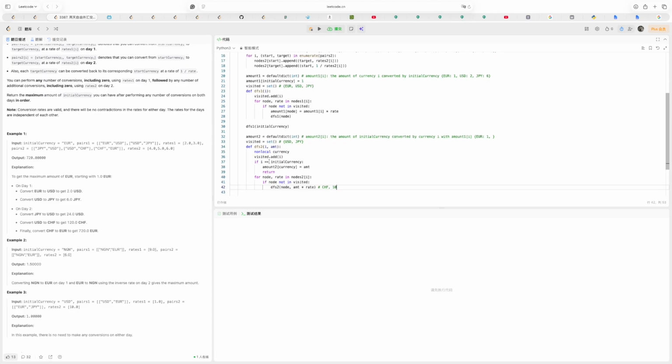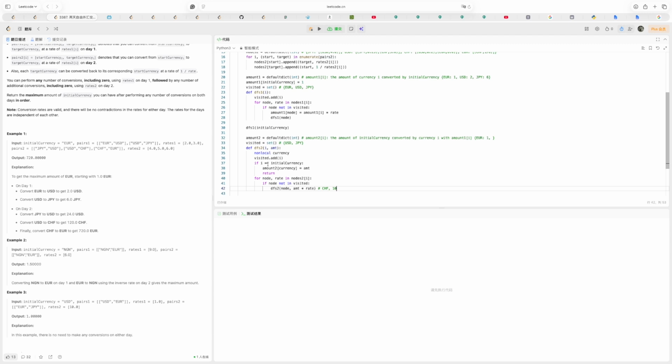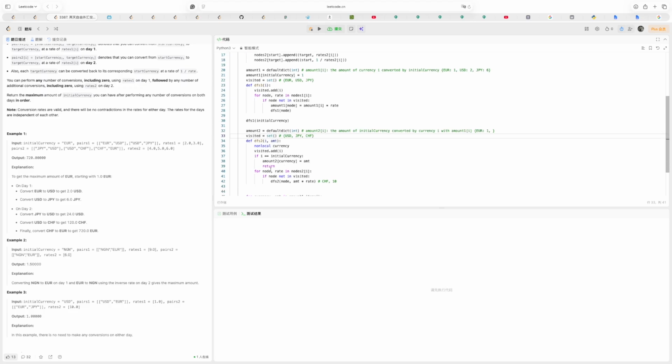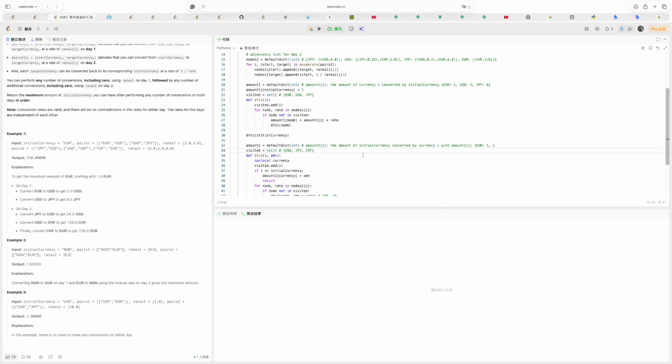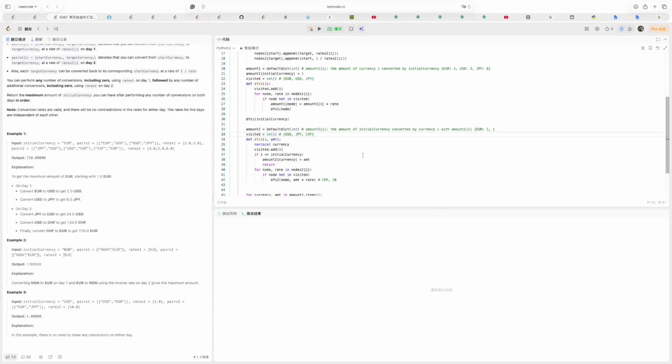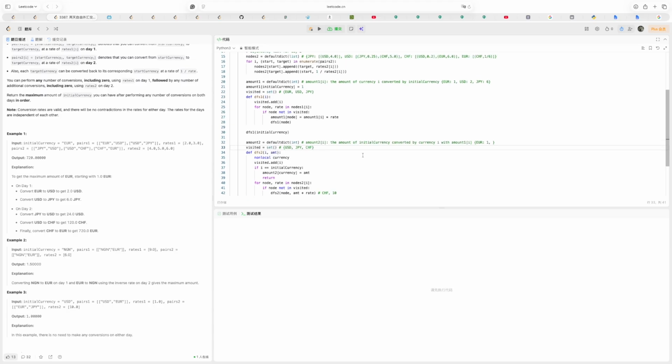Then for CHF, we will add it to the visited set, and it's not the initial currency, so we will go on. CHF has the USD, but it is already visited, so we will not go. And we have euros.